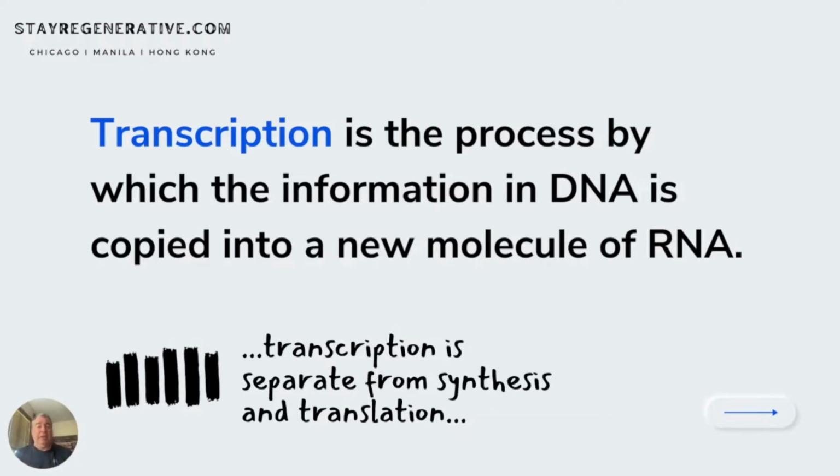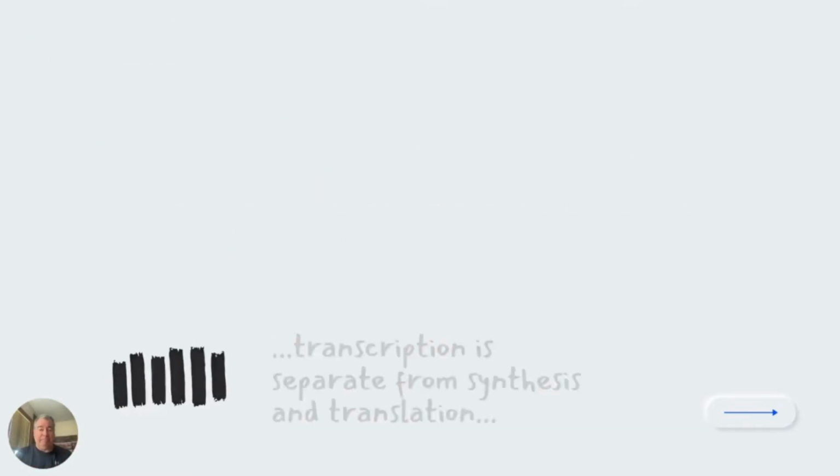Translation is converting the output of transcription, which is messenger RNA, converting that to a protein. And then that protein is going to go on to affect whatever cellular processes it has evolved to affect. Okay, so transcription, DNA to RNA. Translation, RNA to protein. Okay, so we're talking about transcription, DNA to RNA.